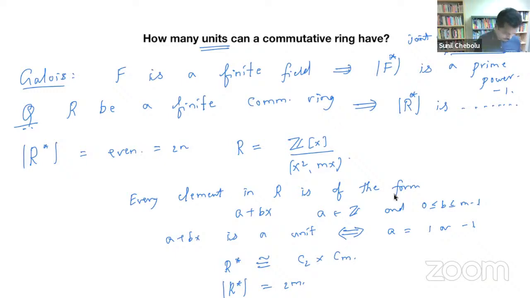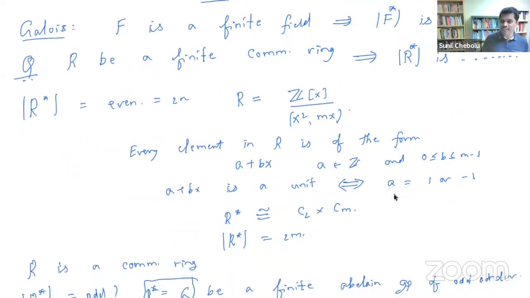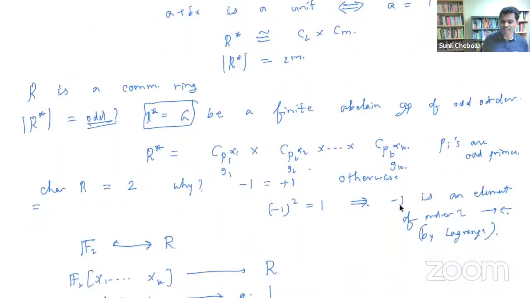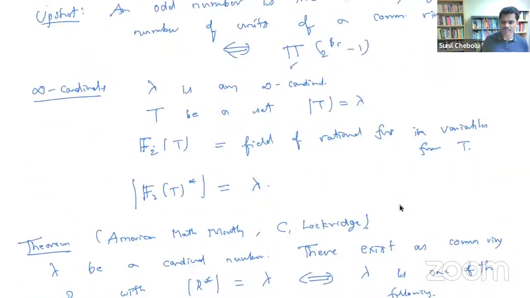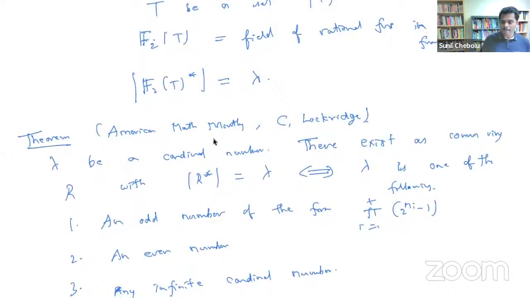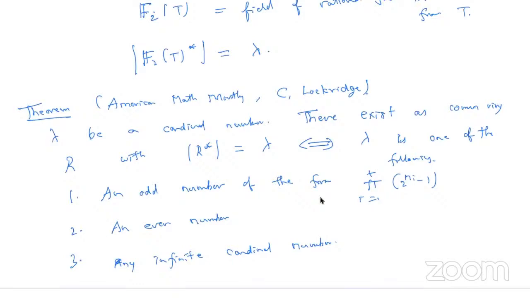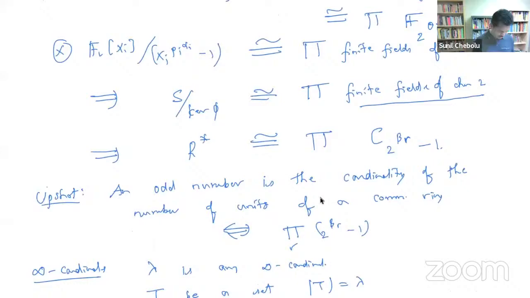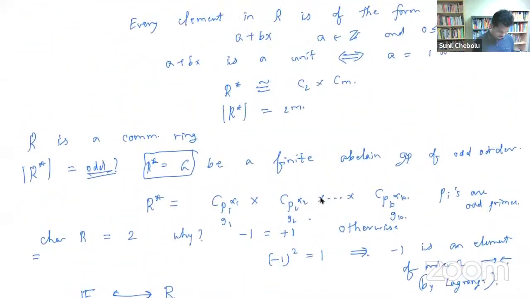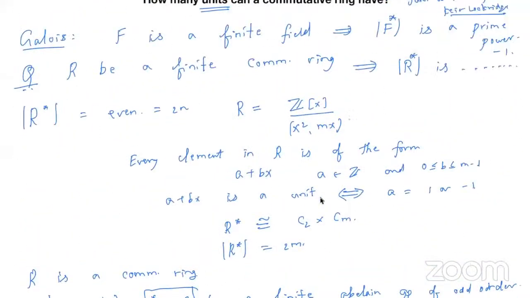First, are there any questions on the computation or the statement of the main result here for realizability of numbers as orders, cardinalities of units of commutative rings? Actually, I want to clarify one thing. Can you just go up to the even case? Yeah. I was trying this.